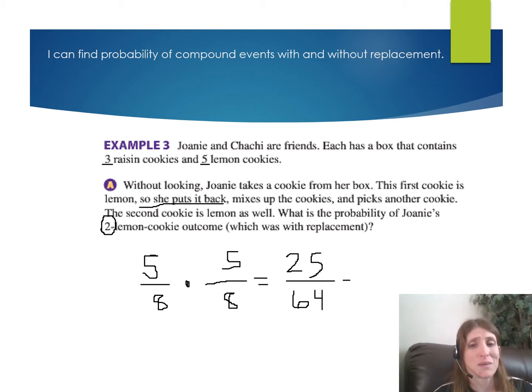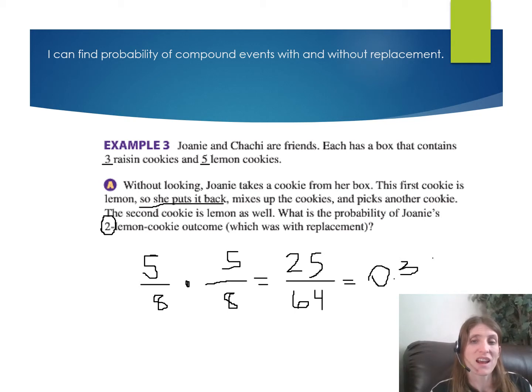Now, does that make so much sense to me? No, not really. Like, okay, that I could say, oh, is almost half, right? 25, half would be 32-ish, so we're pretty close to half. But for it to make more sense to me, I like to change it to a percent. So this is 0.39 as a decimal. And then I move my decimal 2 places and see that we're pretty much at 40%, right? 39%.